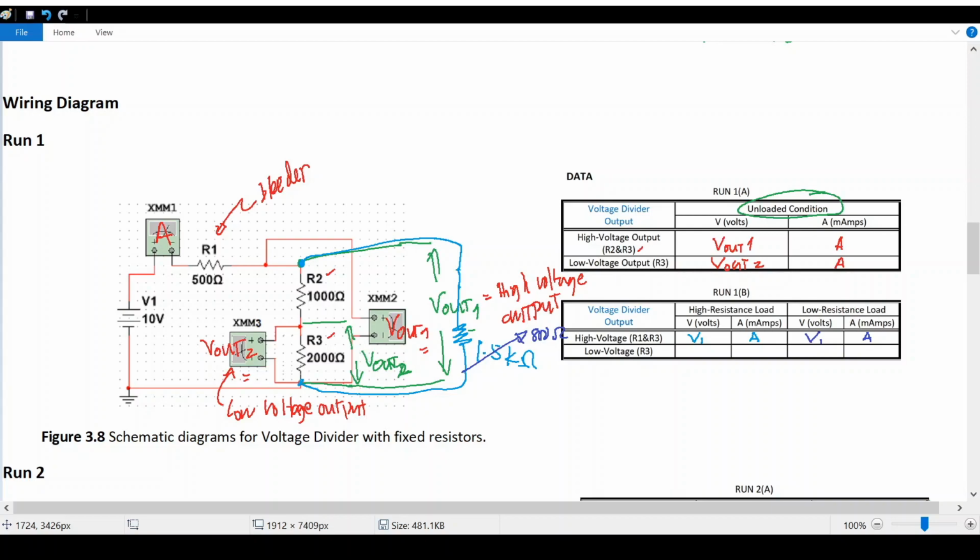Then this is for the high voltage connection. For the low voltage connection, we shall connect the 1.5 kilo ohm resistor across the 2 kilo ohm. So we shall connect here.